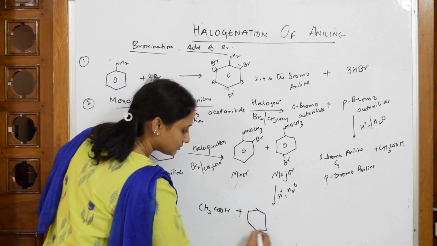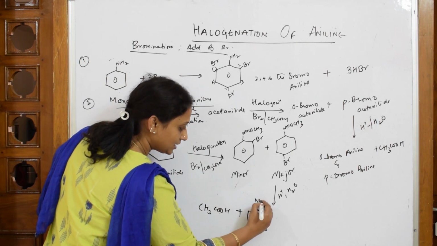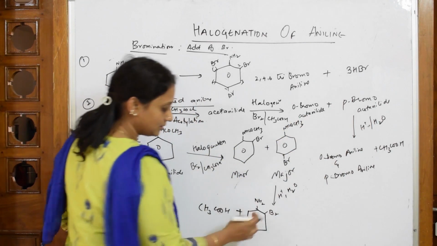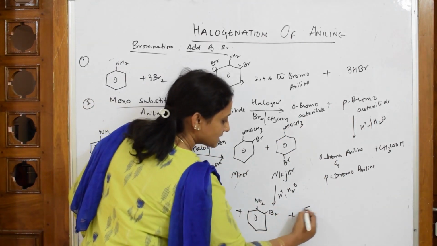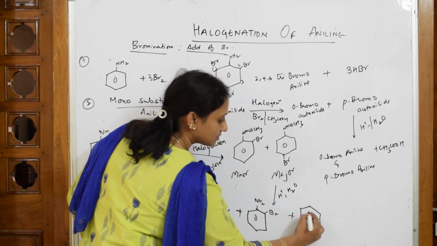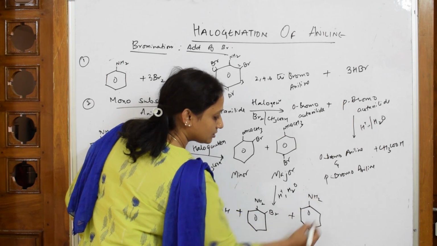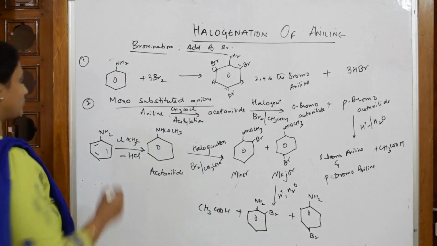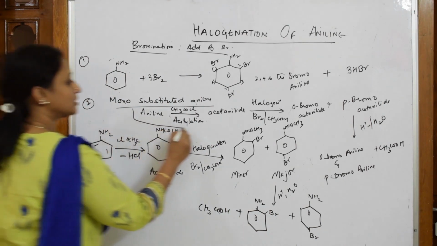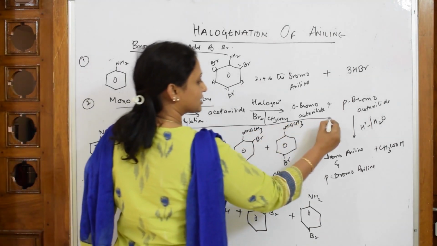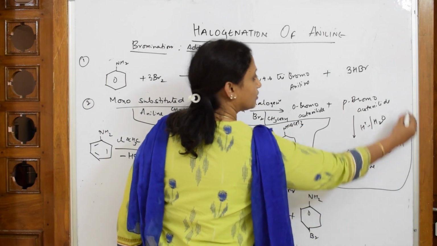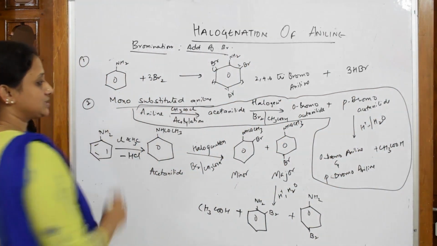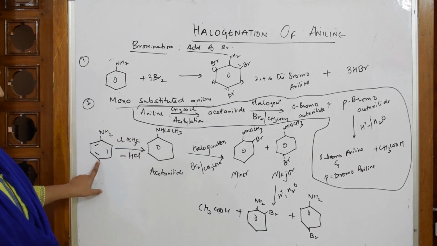I get aniline with orthobromoaniline as the first one. The second one is aniline with parabromoaniline. So let's see whether I've written correctly or not. This is your actual base reaction which you have to remember. This is your base reaction. Just see. First aniline.